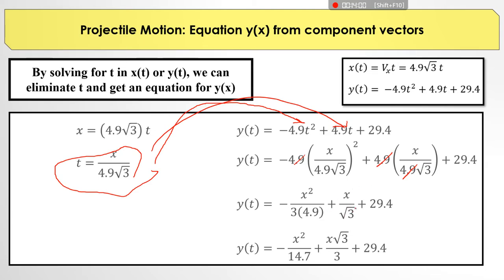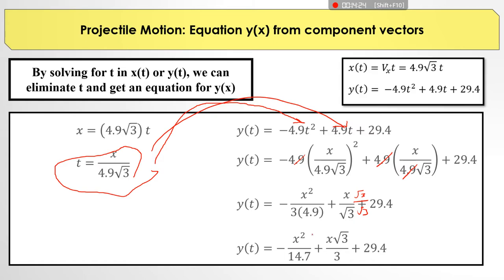Then if I want to simplify, I can multiply both sides by the square root of 3. That would be root 3 over root 3. The root 3 times root 3 is 3. The root 3 on top will stay. Okay. And then 3 times 4.9, 3 times 5 is 15, minus 3 times 0.1 is 0.3, is 14.7.